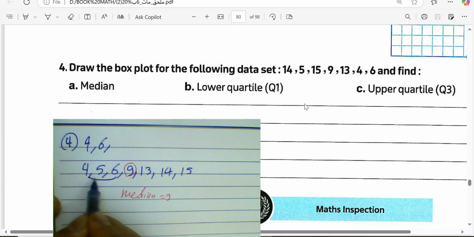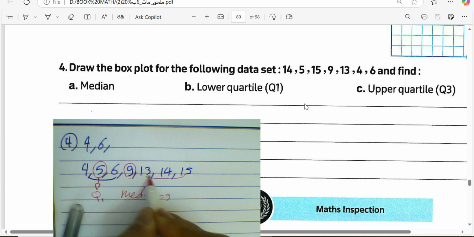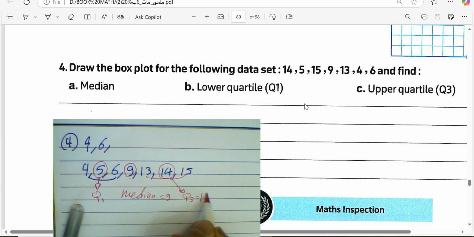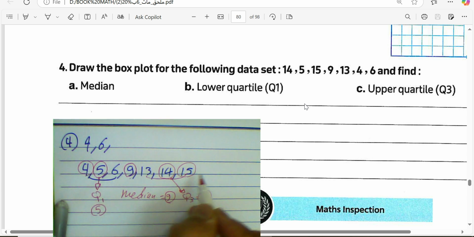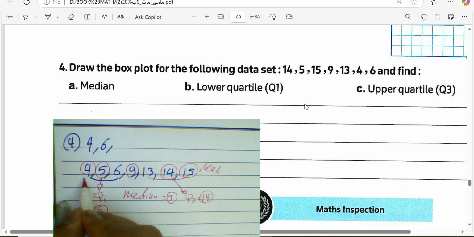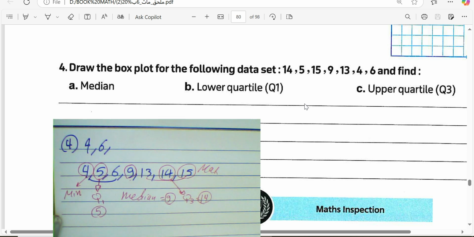And from this set, we have quartile 1. Quartile 1 will be 5. And from this set, 14 is quartile 3. And 15 is the maximum and 4 the minimum.